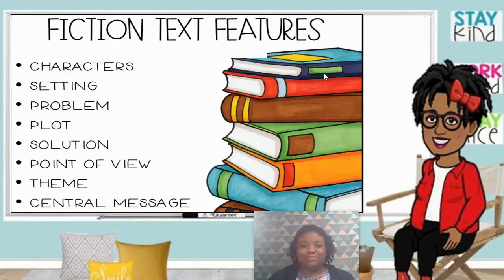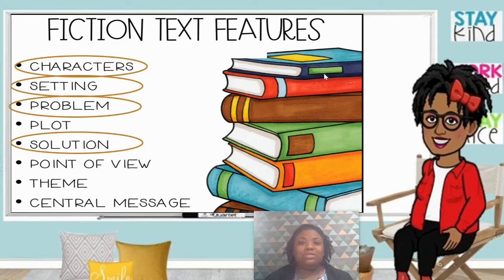Good job. So this week we're talking about fiction. Fiction texts have characters, setting, problem, plot, solution, point of view, theme, and a central message. For our purposes this week, we are focusing on 4 traits of fiction text.